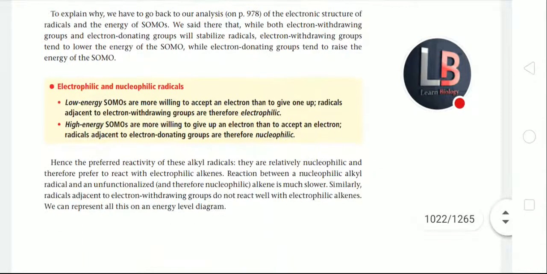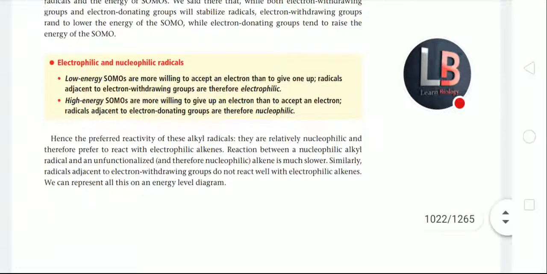Electrophilic and nucleophilic radicals: lower energy SOMOs are more willing to accept electrons than to give one up. Radicals adjacent to electron withdrawing groups are therefore electrophilic. High energy SOMOs are more willing to give up an electron than to accept one. Radicals adjacent to electron donating groups are therefore nucleophilic.